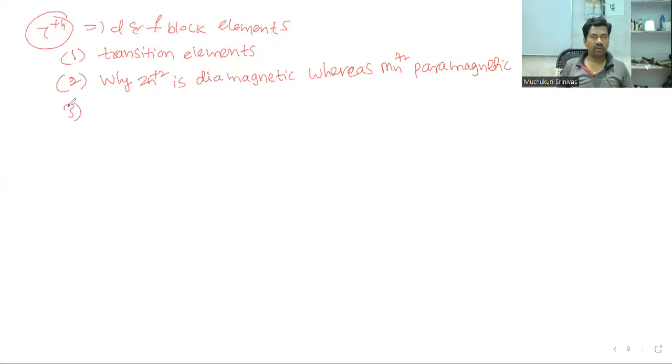Then next, third one: aqueous copper plus 2 is blue in color, whereas aqueous Zn plus 2 ions are colorless. Why?